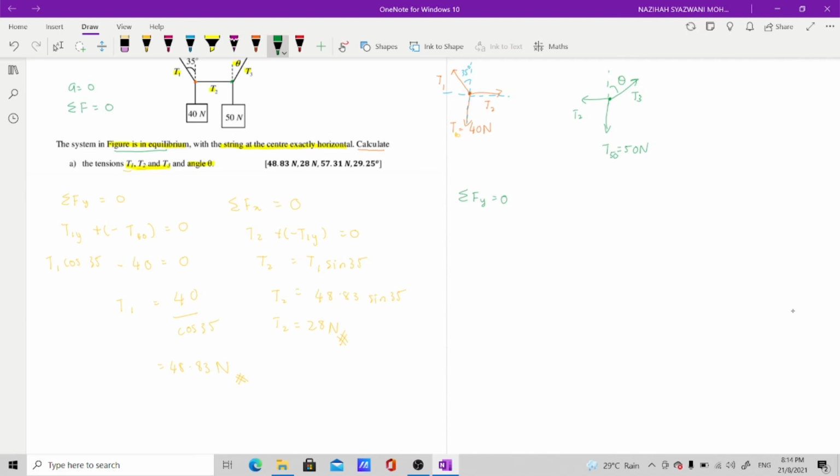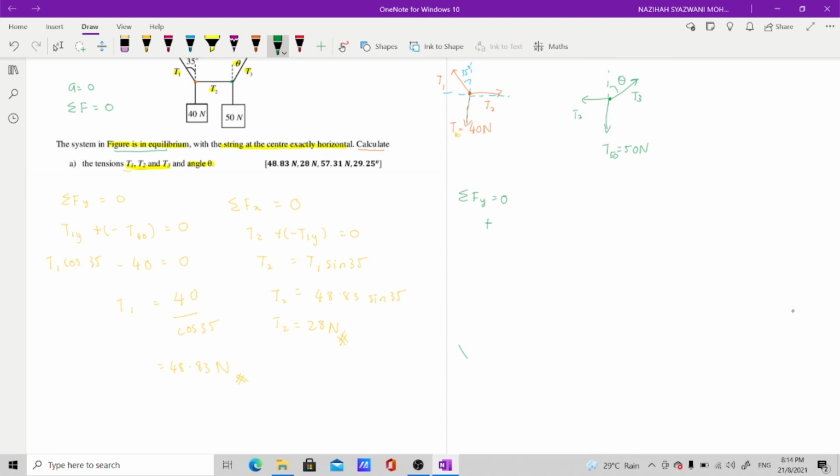For these solutions, I am talking about the green color free body diagram. For the y component, we have two forces. Sorry, I am talking about the y component. I am so sorry about that. So we are talking about the y component.